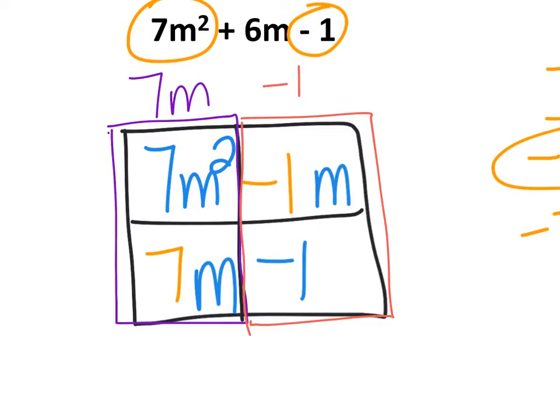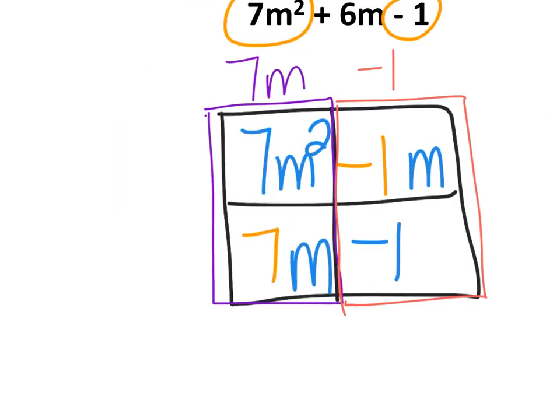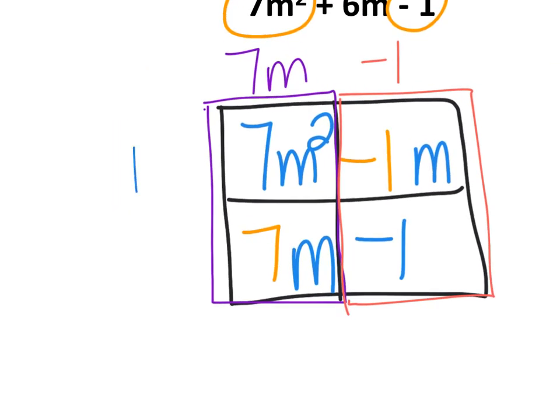Those both have a negative 1 in common. Now I'm going to look at my top row. They both have an m in common. I'm going to look at my bottom row. It looks like they have a positive 1 in common, because that's the only thing.